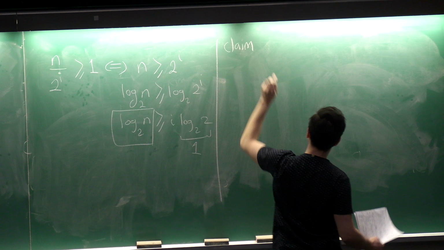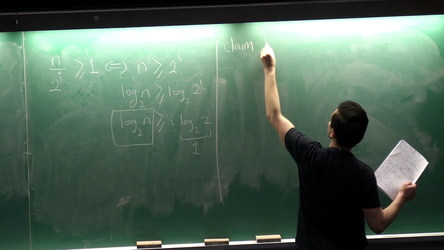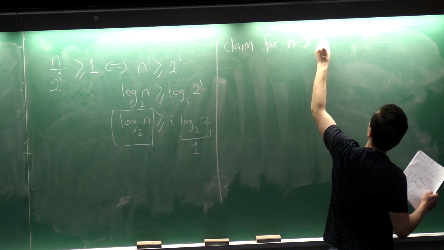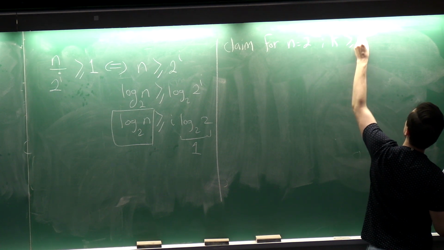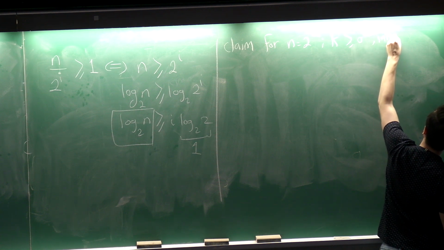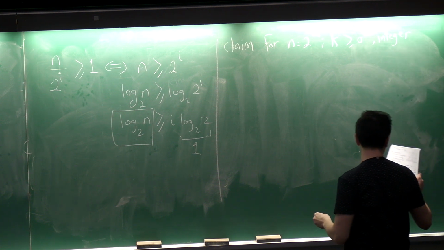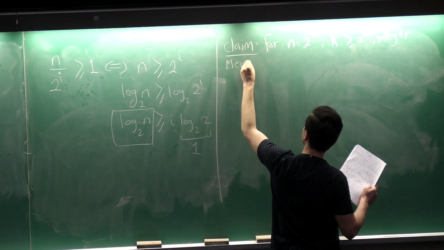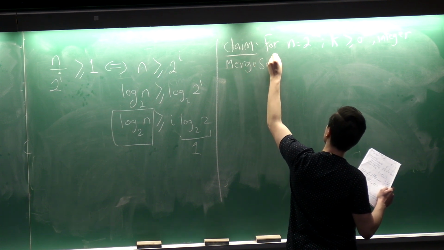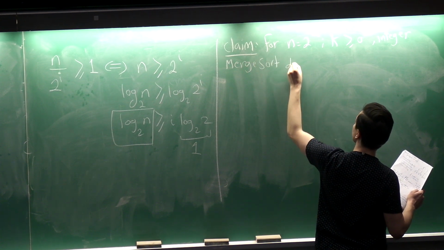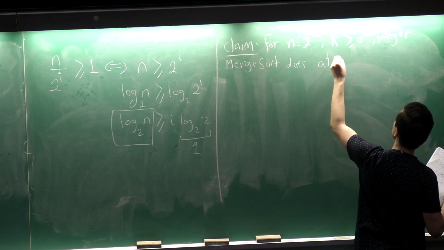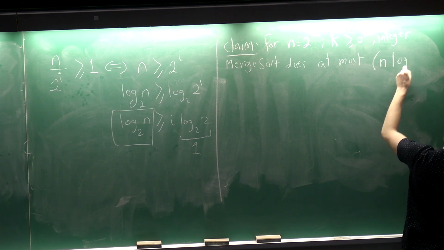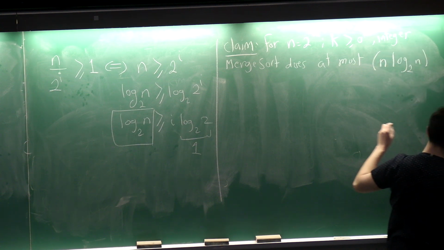We're going to make a claim that for n equals 2 to the k, where k is an integer bigger than or equal to 0, MergeSort does at most n log base 2 of n comparisons.